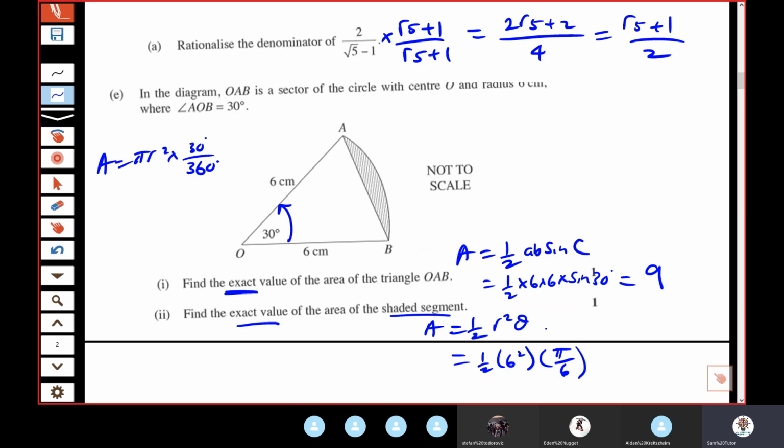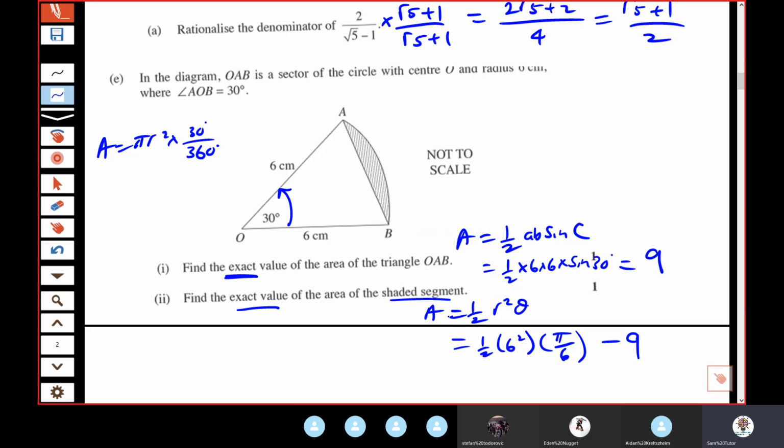Either one will work, but that's probably the one you're more used to from your school teachers. Minus 9. True. Half r squared theta, the area of your sector, minus the triangle gets me the area of my segment.